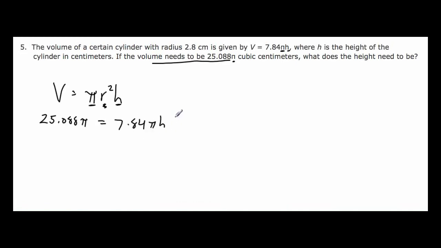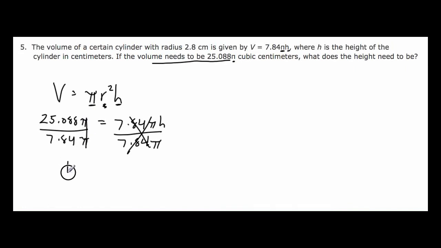We need to get h by itself. What's attached to the h? It's the 7.84 pi. So again, we do the opposite operation. I'm multiplying by 7.84 pi, so I'm going to divide by 7.84 pi. Divide this side by 7.84 pi as well. Those cancel, and we have a pi on top and a pi on the bottom, so those cancel too.